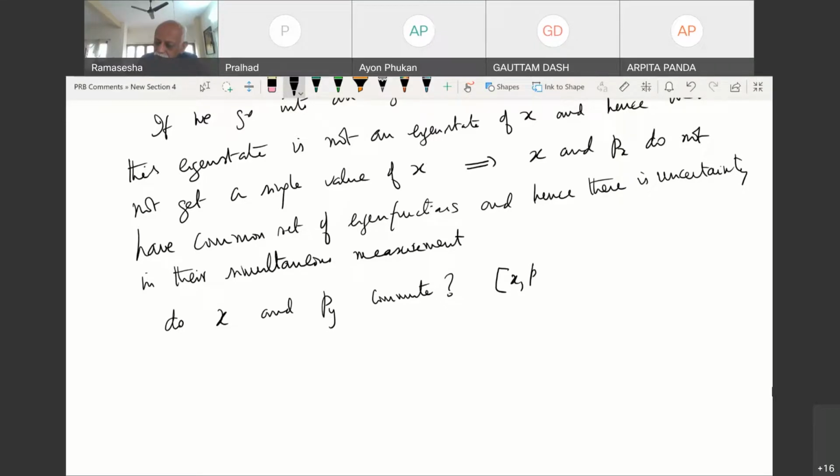But X and Px you cannot measure simultaneously because X comma Px is not 0.